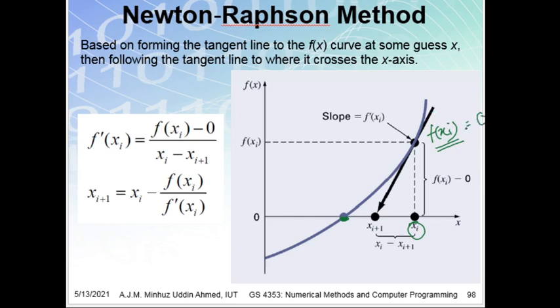That is, the point where this becomes 0 is your main concern, and that point is our next guess. This is the slope, and it intersects the axis at xi plus 1, which is our next guess. From there you again take this point, f(xi plus 1), and the slope again, and you get closer to the original solution.